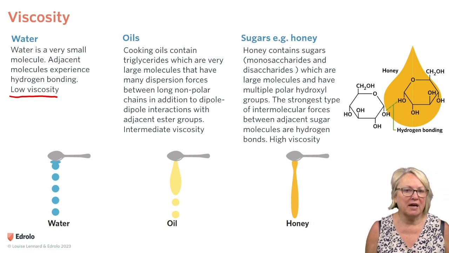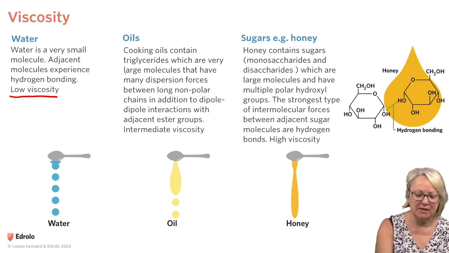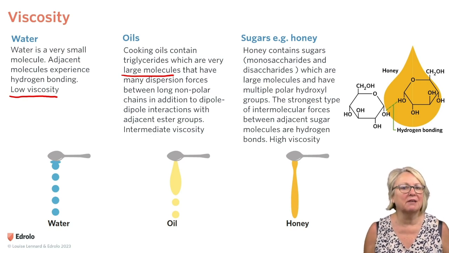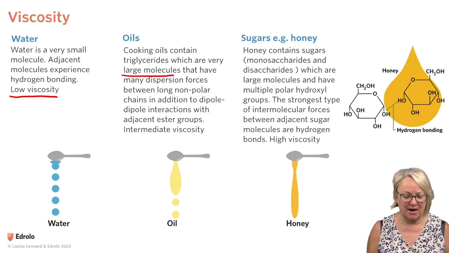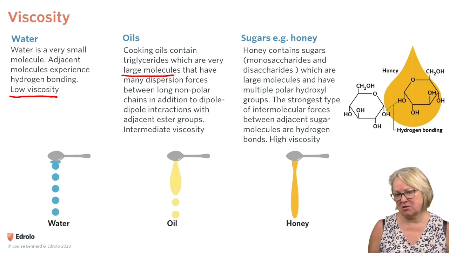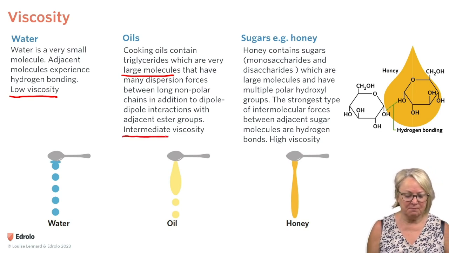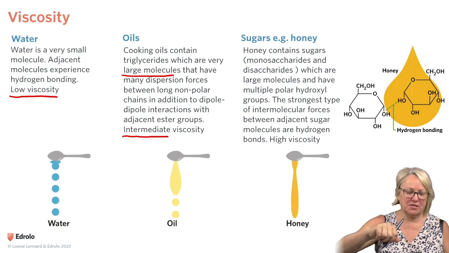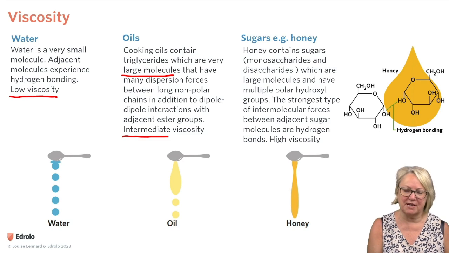If we start looking at cooking oils, they contain triglycerides, which are very large molecules that have many dispersion forces between long nonpolar chains, in addition to dipole-dipole interactions with adjacent ester groups. They have intermediate viscosity. So if we got a teaspoon of water and a teaspoon of oil and we tipped the substance off the teaspoon, we would see that the oil would appear to be more viscous than the water.